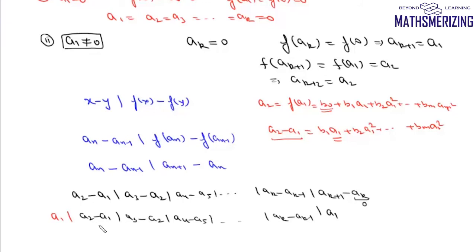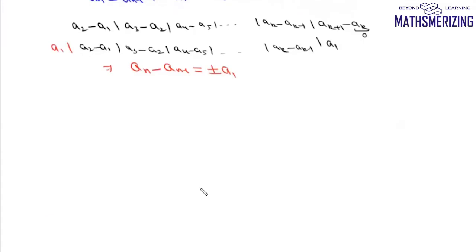So that means each of these factors should be either plus or minus a1. So for any value of n, a(n) minus a(n-1) should be plus or minus a1. Now we'll write a1 minus 0 plus a2 minus a1 plus a3 minus a2, and so on, plus ak minus a(k-1).